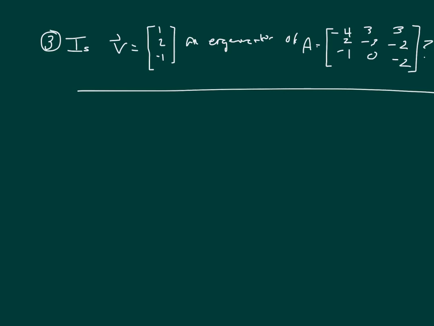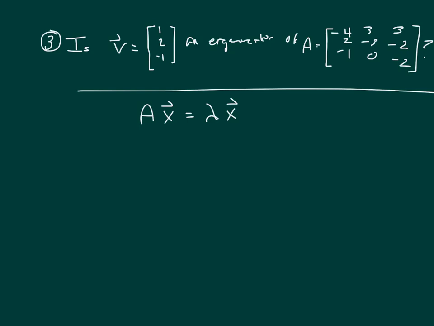Okay, remember that an eigenvector of a matrix A is a non-zero vector x so that A times x is equal to lambda times x. And this question asks, is V an eigenvector of the matrix A?